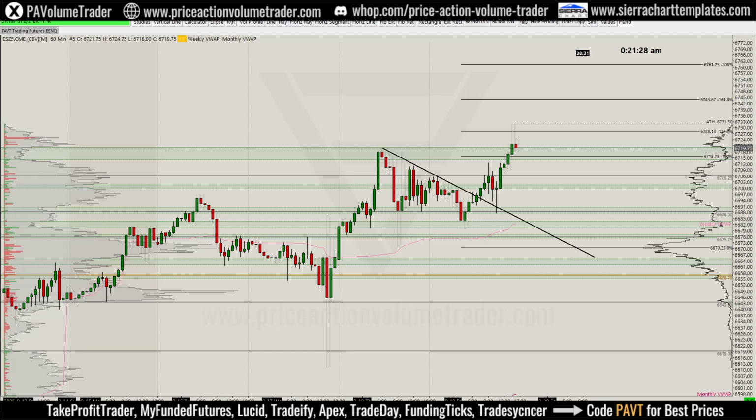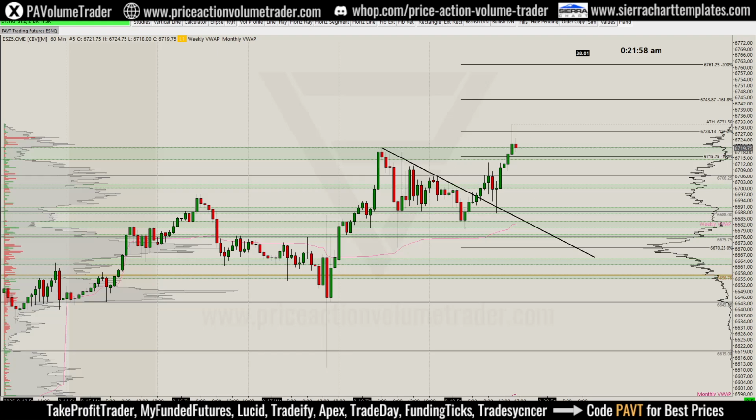So here you can see we've tested the 127.20 extension. Next target based off of the Fib extensions will be 67.43 at the 161.80% extension, the golden ratio. And then 67.61 would be the 200% extension.